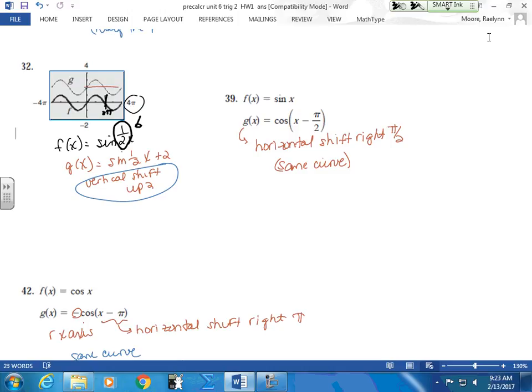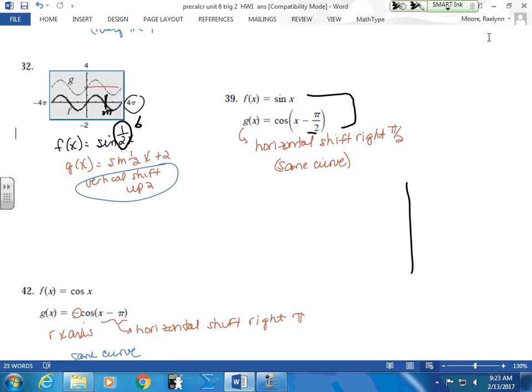Okay. This guy had a phase shift. If you didn't get this, I'm not concerned. But if you think about your sine and your cosine curves, didn't we say that they're 90 degrees apart? If we shifted them over 90 degrees, they would be the same curve, right?